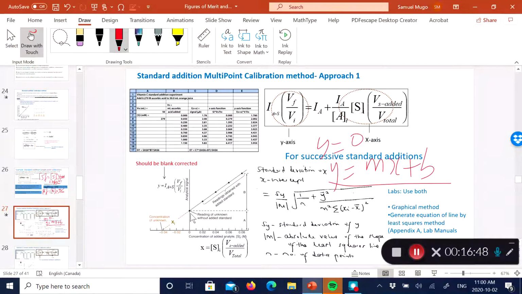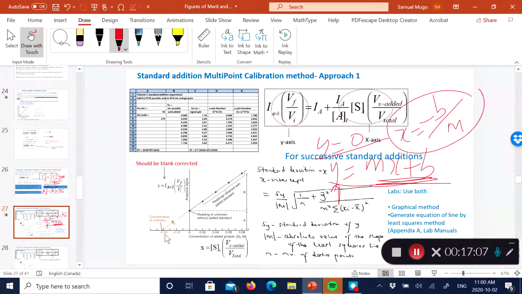All right, so you can do it graphically, but I think the easier way is just to make y equal to 0 in your equation of the line. Y equals 0, and so x then is going to be equal to -b divided by m, and so this one would be the concentration of the unknown in your volumetric flask. So that's what you do for the standard addition calibration.